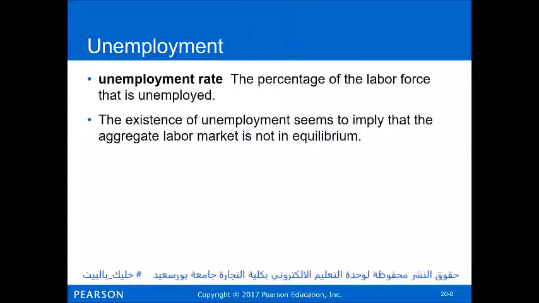The existence of unemployment in an economy seems to imply that the aggregate labor force is not in equilibrium. That is, the labor market in the economy is not in an equilibrium state.